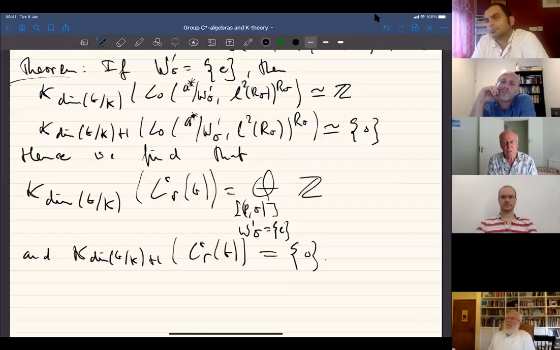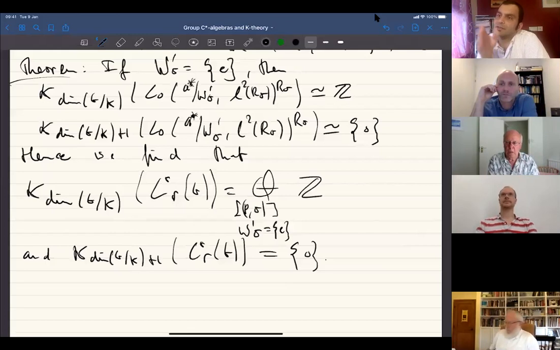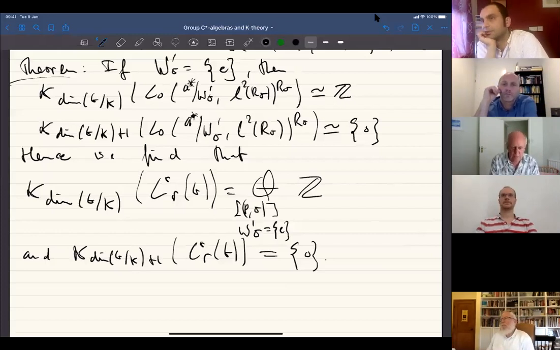So I think there's a link. There's another reason why they call it limit of discrete series, because of their Harish-Chandra characters. Yeah, I see. So when you look at the characters, they look like they're in the limit of the characters of the discrete series, at parameter 0 or something like that. Something like that, yes.